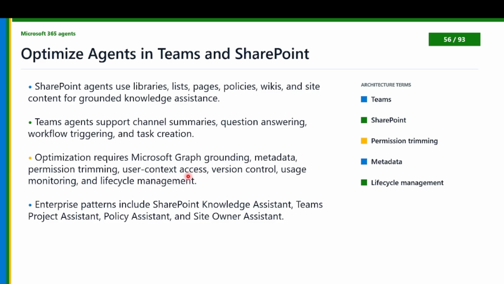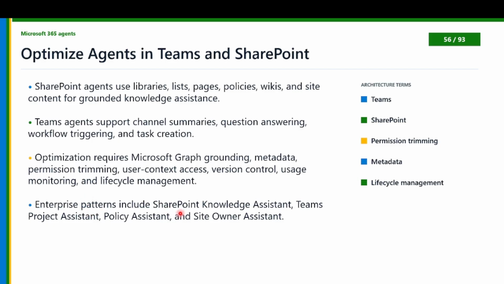Okay, give access to only the domain data that you want to get information from. Also implement version control, so that whenever you deploy the agent, you give it a version so that you can differentiate the old version from the new version. Usage monitoring and lifecycle management are very, very important as well.